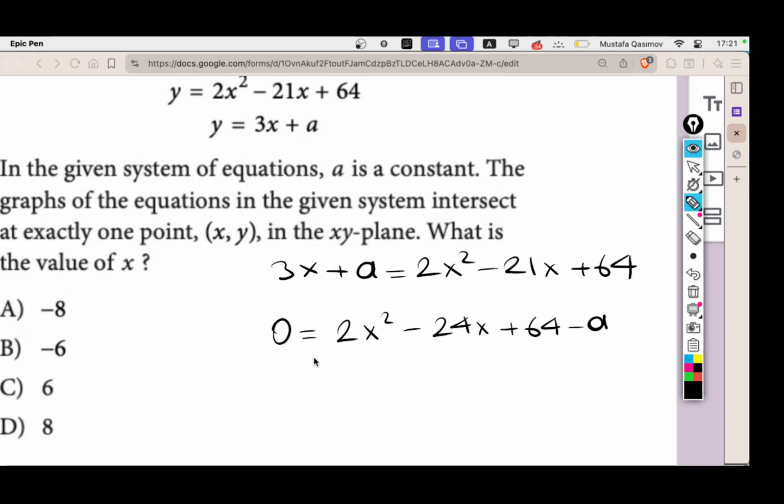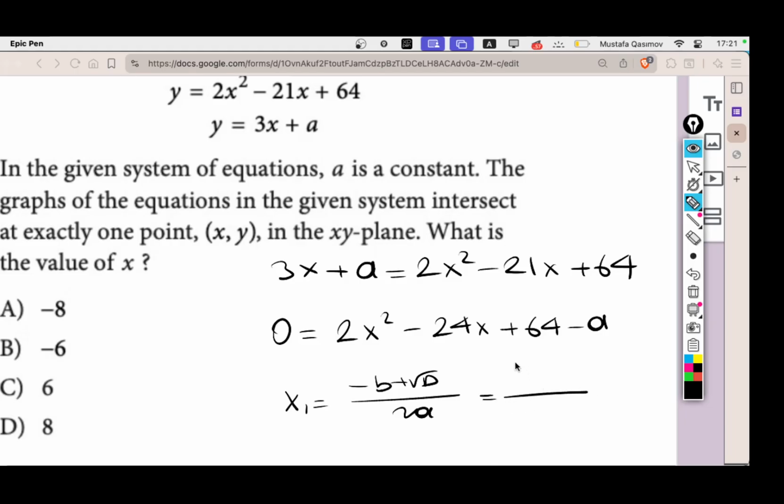Then let's divide it by 2 maybe. Actually, we don't need to divide it by 2. Okay, let's use this one. X1 is equal to negative b plus square root of discriminant over 2a.